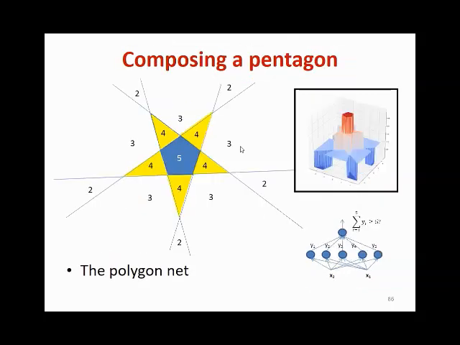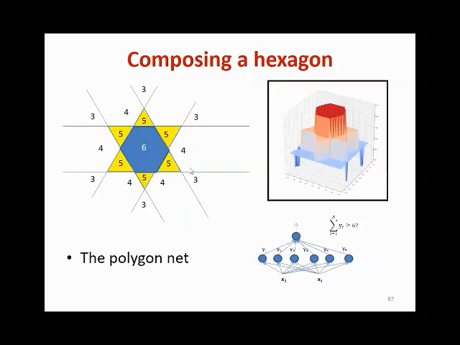If I had a pentagon, then I'd have 5 neurons in the hidden layer. The sums of their outputs are going to be 5 within the pentagon. They're going to be 4 within the yellow regions. And the overall plot for the sum is going to look like this guy over here. Now, if I try to compose a hexagon, then the sum of the outputs is going to be 6 inside the hexagon.